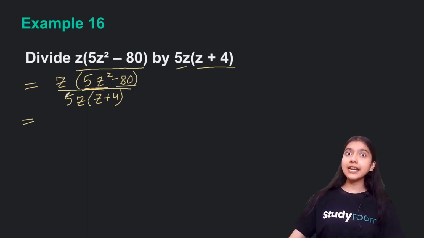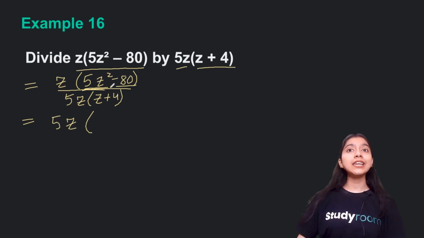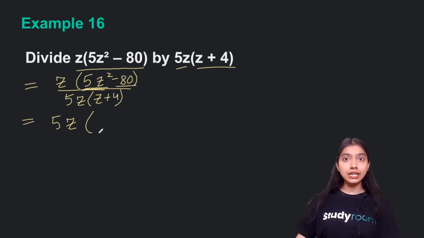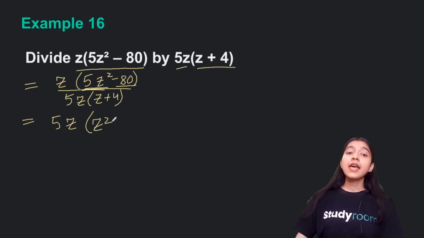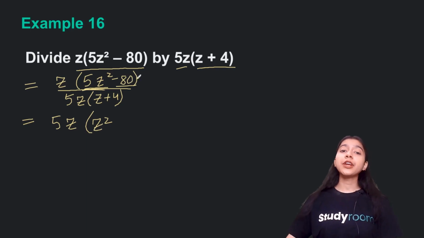We already have z. We have taken 5 outside, so we will have 5 times z. Where did this 5 come from? I have taken it common from these two terms. So when I took this 5 common outside, the first term left within the bracket is z square. And the second term that is left is, wait, I'll show you.